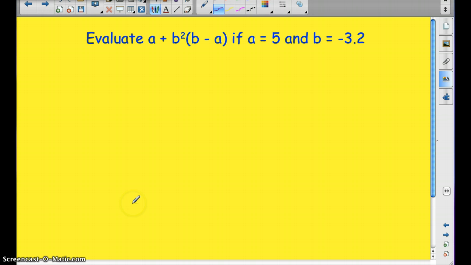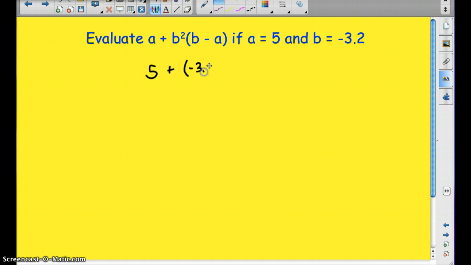So we're going to look at this example here, and we're going to evaluate it, meaning find the answer. And we're going to plug in these numbers for the variables, and we're going to use order of operations to solve this expression. So I will do this one with you. So A is going to be 5, and then B is going to be a negative 3.2, and we're going to square that.